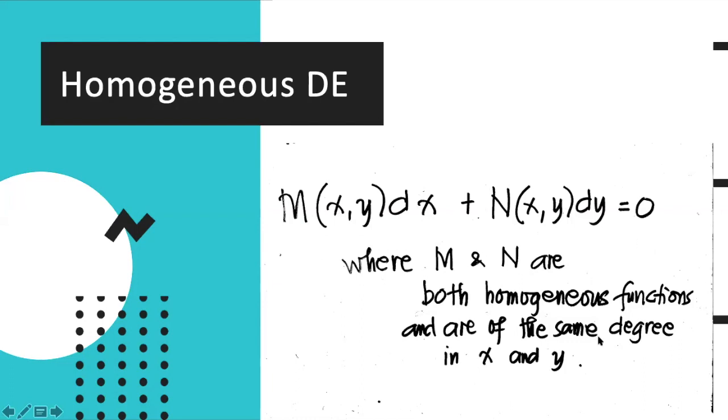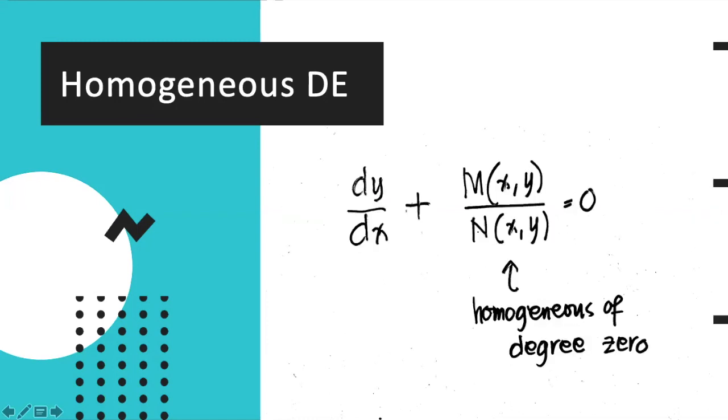Just imagine, if they are of the same degree, we put them in ratio, for example M over N. If you do the testing applying lambda, you can cancel lambda, right?